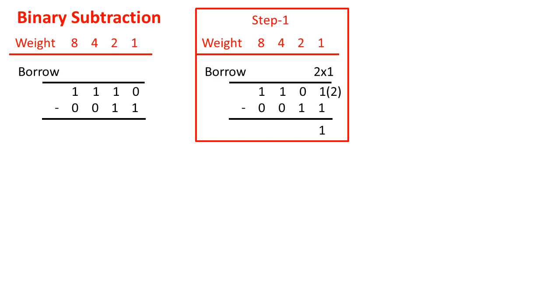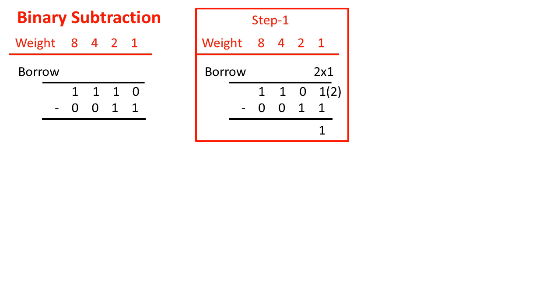And also you have to calculate the weightage. Just see above the weightage that has been printed, that is from the right the weightage is 1, and after that 2, and after that 4, and after that 8. That is 2 to the power 0, that is 1, 2 to the power 1, that is 2, 2 to the power 2, that is 4, and 2 to the power 3, that is 8.